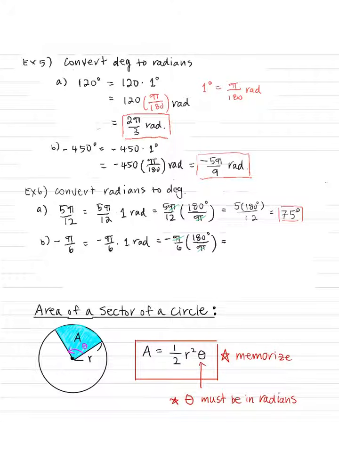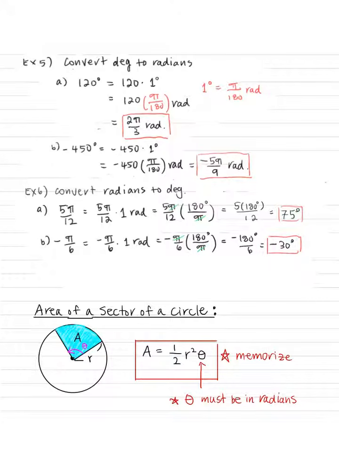All right, and then what do we get? Negative 180 degrees over 6, which is negative 30 degrees. Okay, so it looks like pi over 6 is equivalent to 30 degrees. Now we're going to have to memorize all those standard ones later on. So for now, memorize that pi over 6 equals 30 degrees.